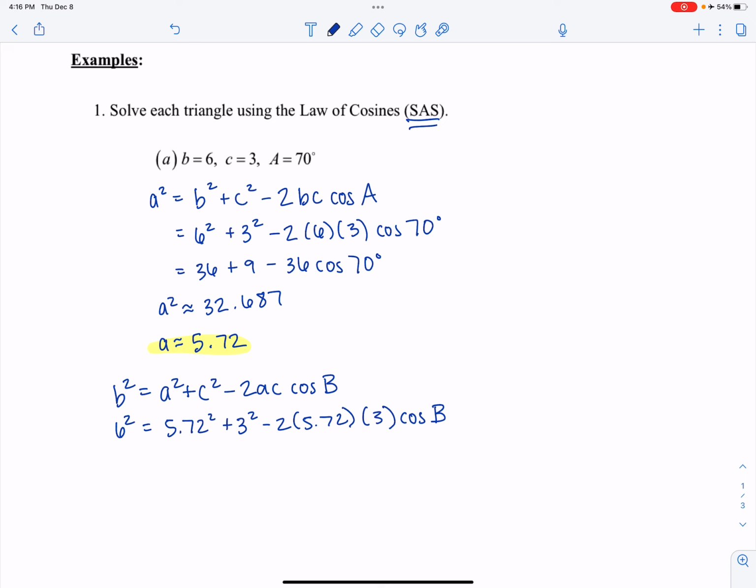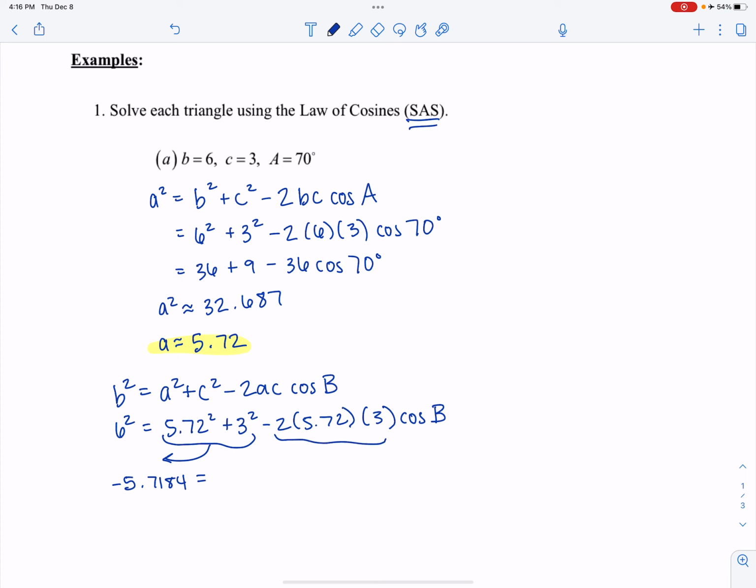This will give us, if I move these over, I'll be left with a negative 5.7184.